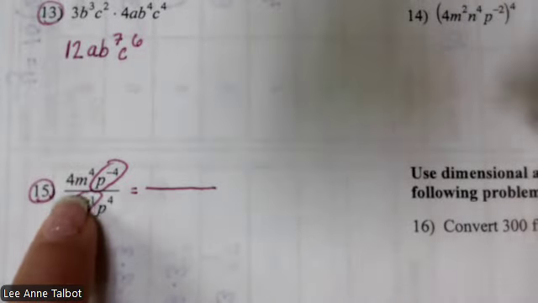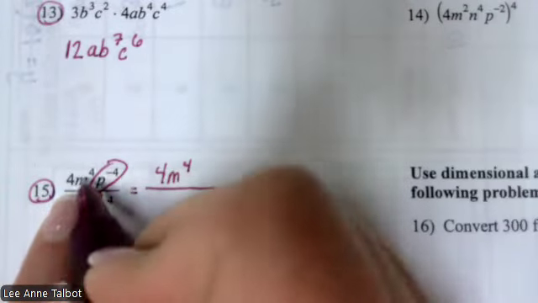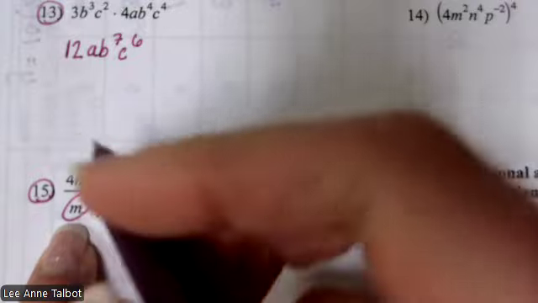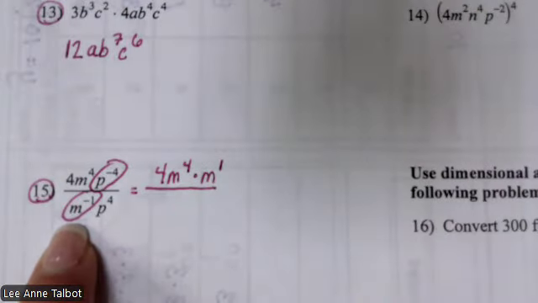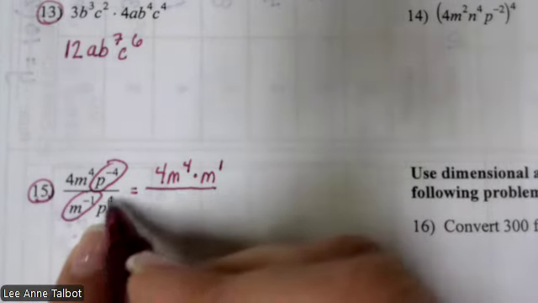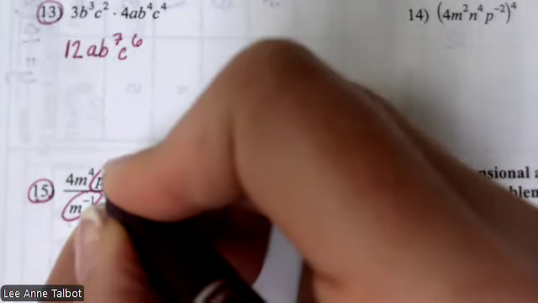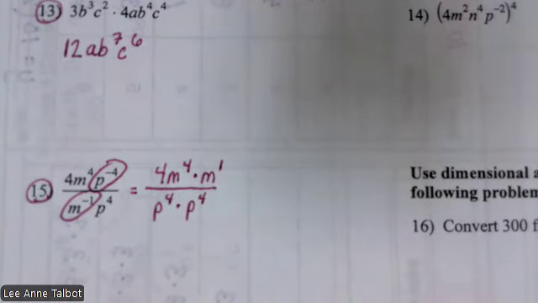On the top, I have 4m to the 4th that was there already, right there. And then the circled guy comes up and becomes m to the positive 1. On the bottom, I have p to the 4th that was already there. And this guy is going to come down and become positive p to the 4th.